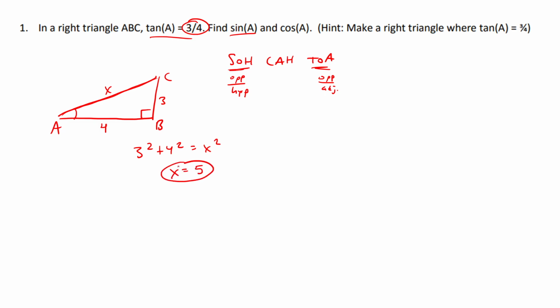And so you'd get 5. And so sine of A is simply opposite over hypotenuse, 3/5. And cosine of A is adjacent over hypotenuse, 4/5. And that's your answer. So you actually don't even need a calculator for this one.